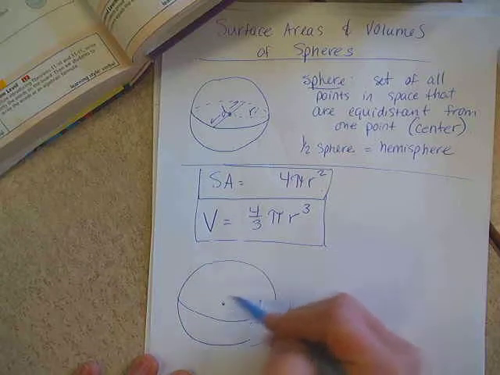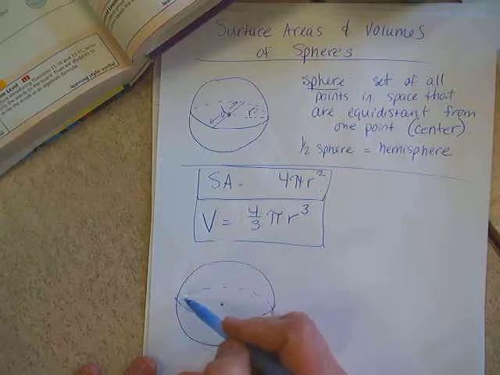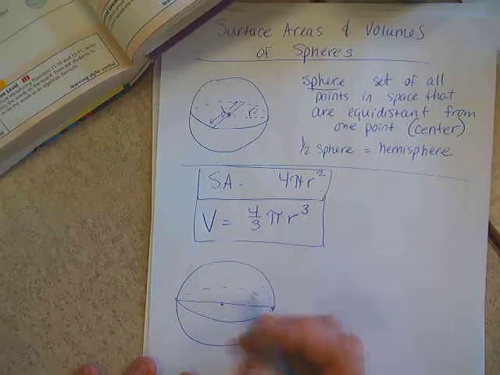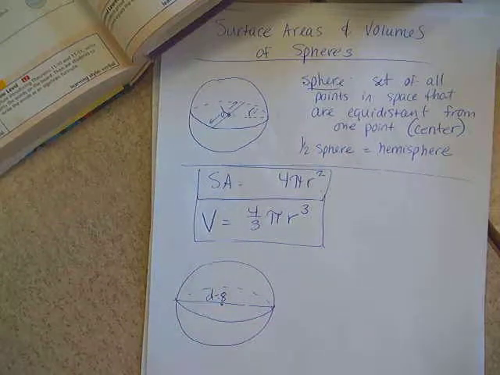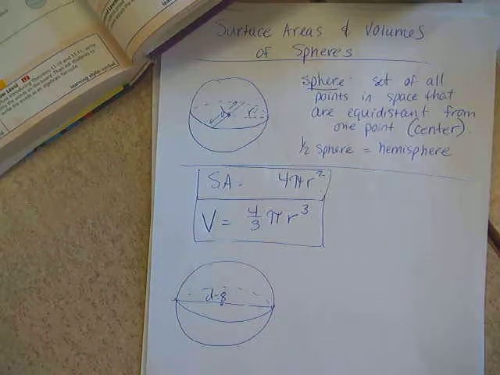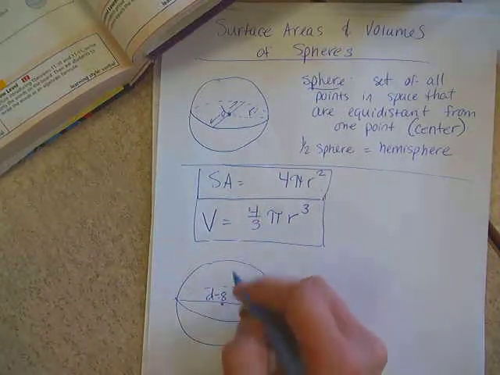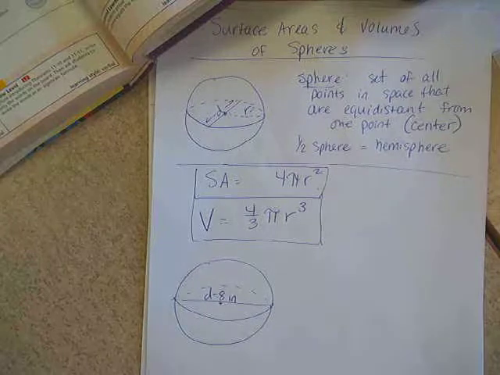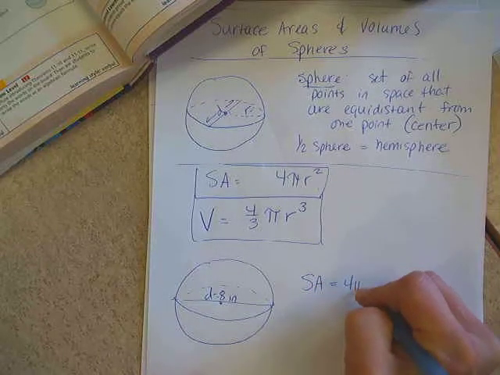All right, so we're going to draw a sphere. And we're going to use a diameter of 8. We're going to do the surface area first. We'll say 8 inches.